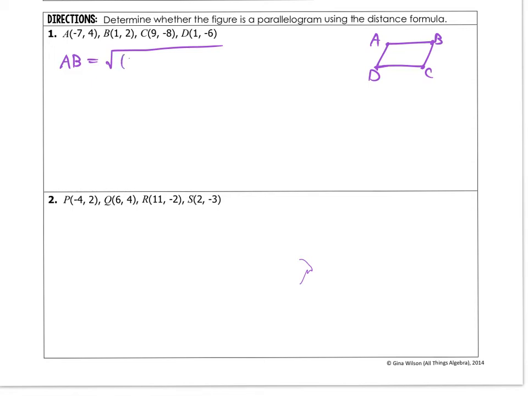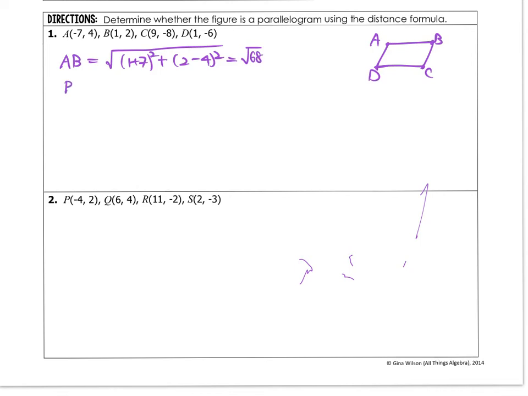The distance formula would be x2 minus x1 squared plus y2 minus y1 squared. This would be square root of 68.